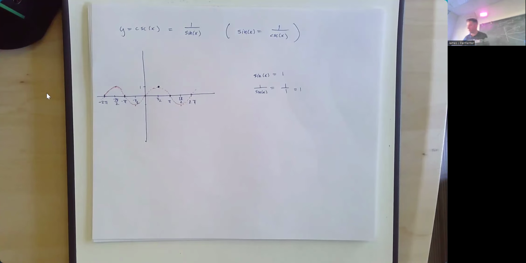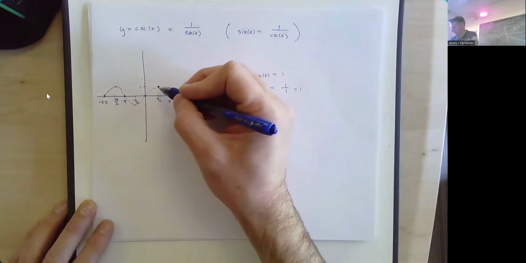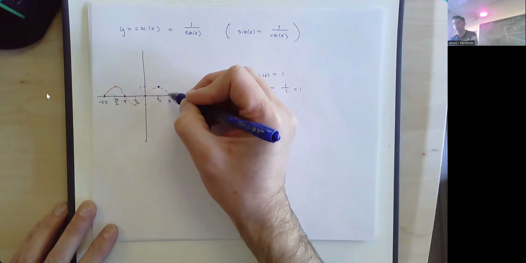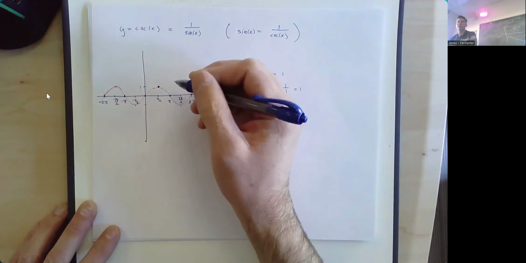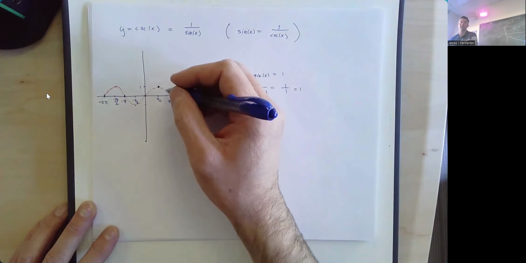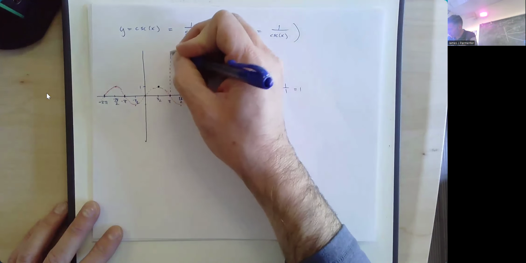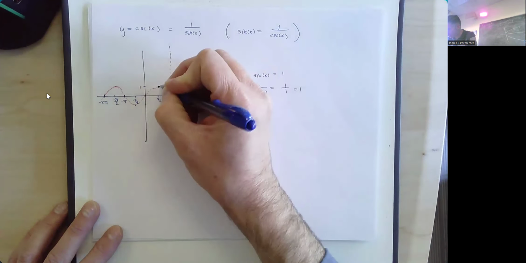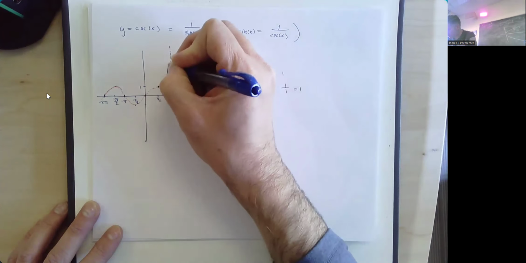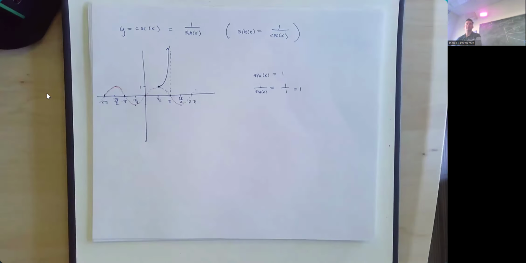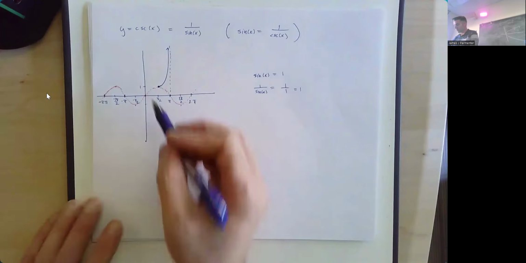So here's what I want to point out. As the sine graph gets closer and closer to 0, the cosecant graph is going to get further and further away from 0. It's going to get infinitely large. We're going to have a vertical asymptote right there, and the cosecant graph is going to go up, up, up. The same thing is true to the left.